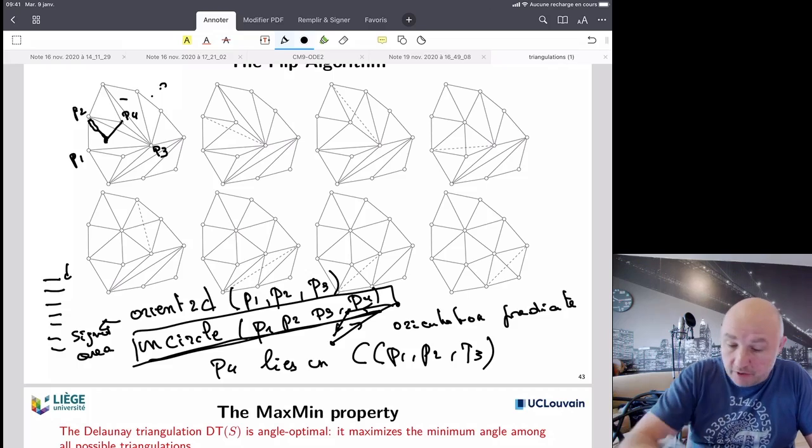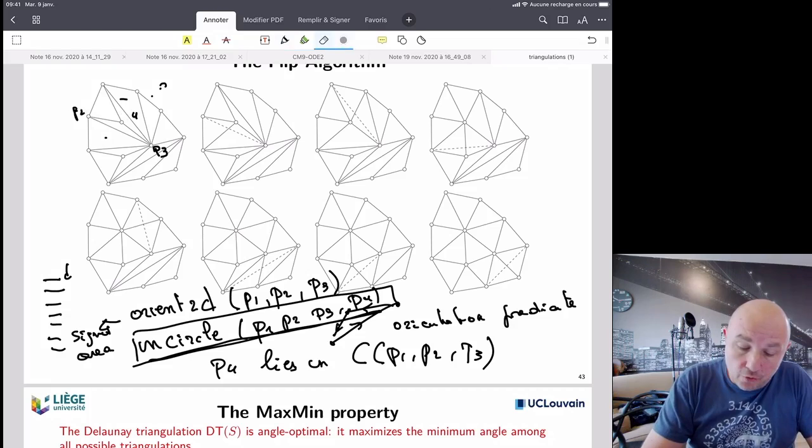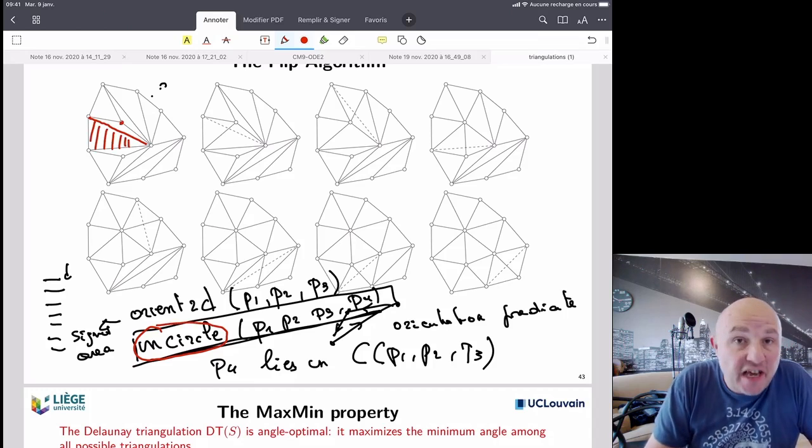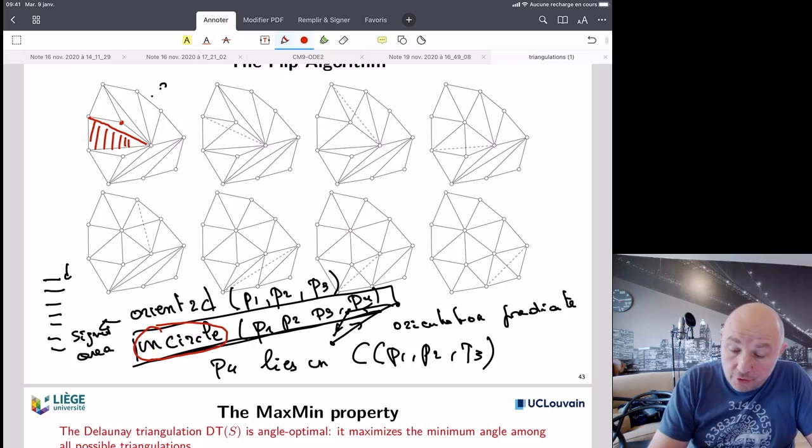So what you do in the flip algorithm, I do it again: you look at that edge, you use the in circle predicate, asking if this point lies in the circle of that triangle. The answer is yes. So you say, I'm removing that edge and replacing it.